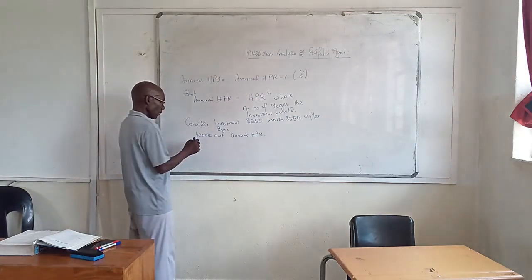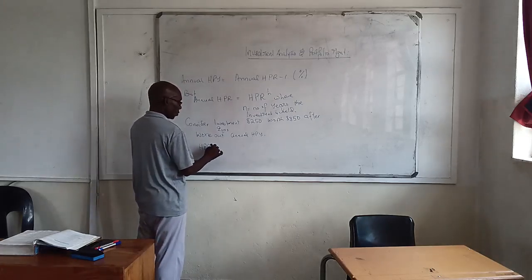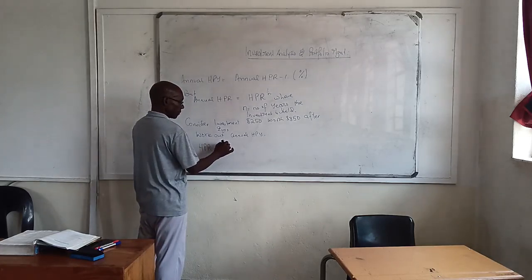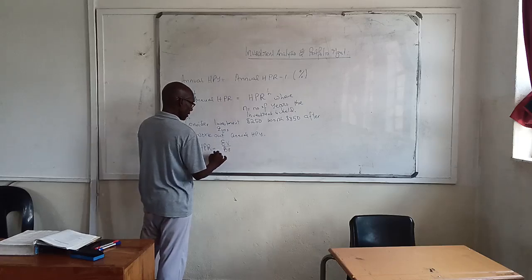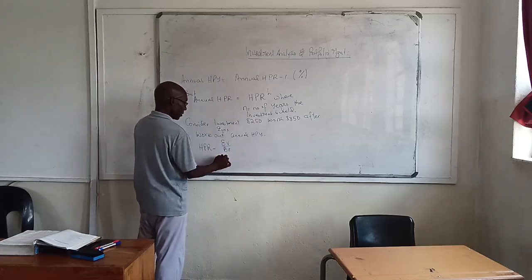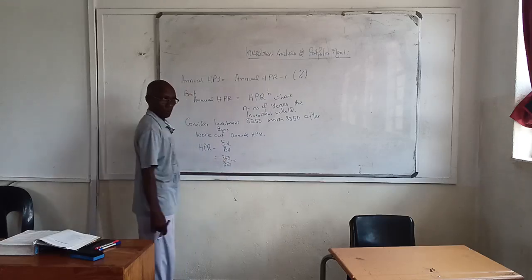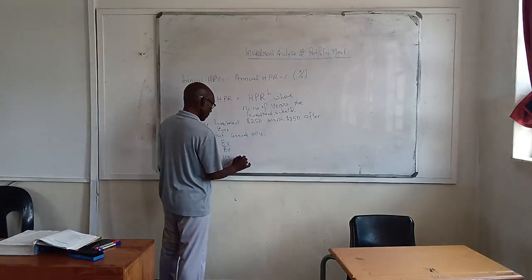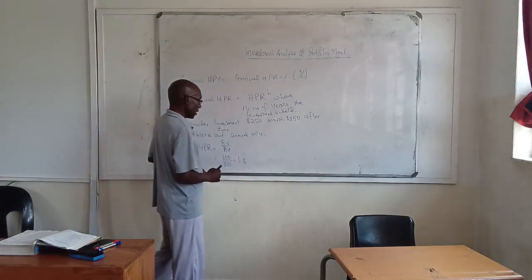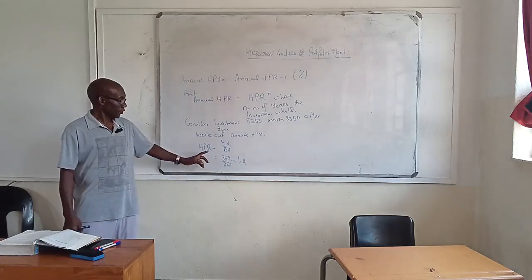To find HPR, it is equal to ending value over beginning value. The ending value is 350 over 250, and this gives you 1.4.